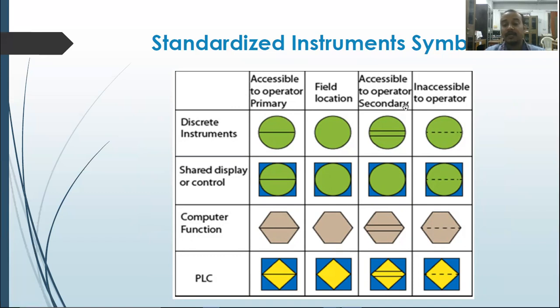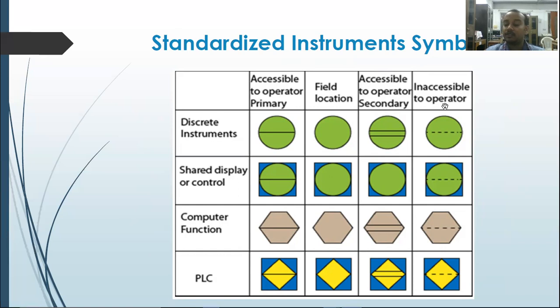And the secondary operator is associated with the maintenance team, who goes to the field and tries to check the instruments. Also, the field-located instrument will be represented in a different way in the P&ID, and if any instrument is inaccessible to the operator, that will also be represented in a different way.